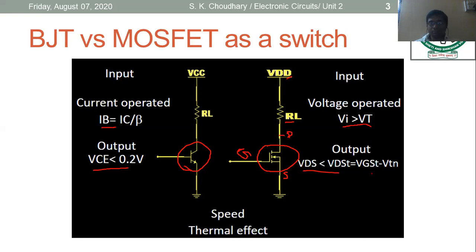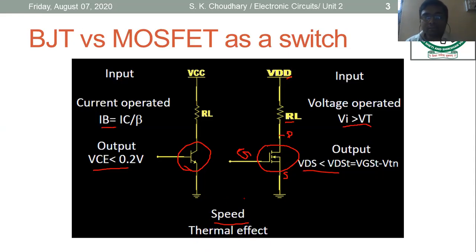a switching device. And there are some other parameters as shown in this particular slide, that is speed and thermal effect. So this is actually a comparison between the BJT and MOSFET. We have learned this comparison in the first unit. Does anyone remember which device, out of BJT and MOSFET, has the higher switching speed?